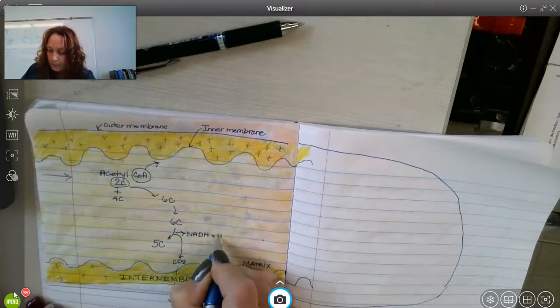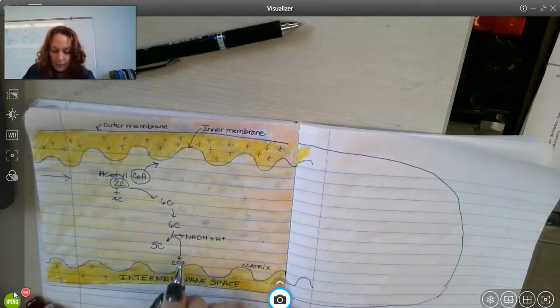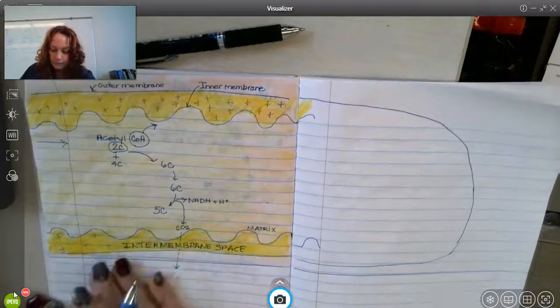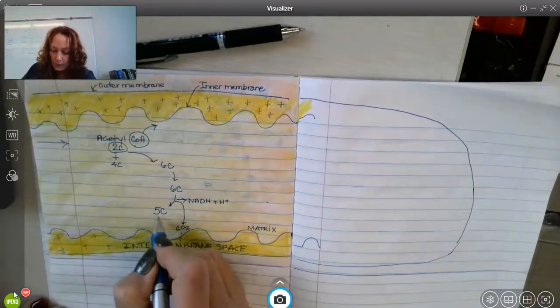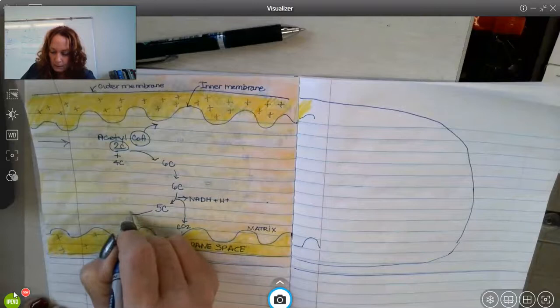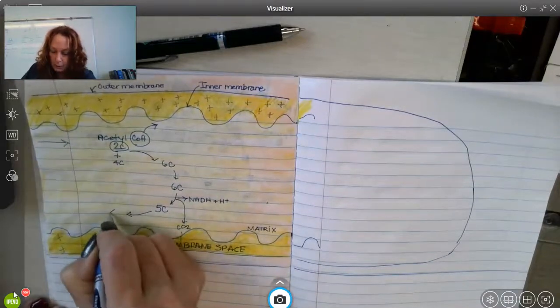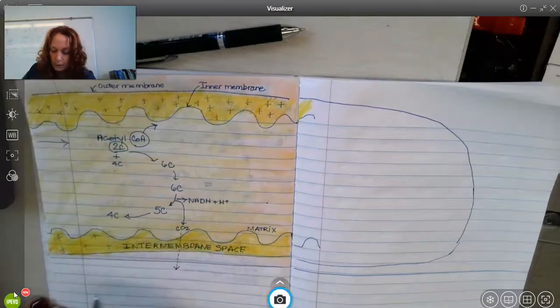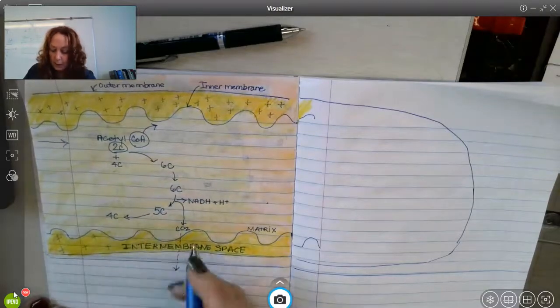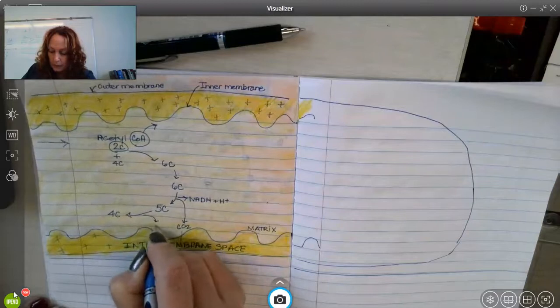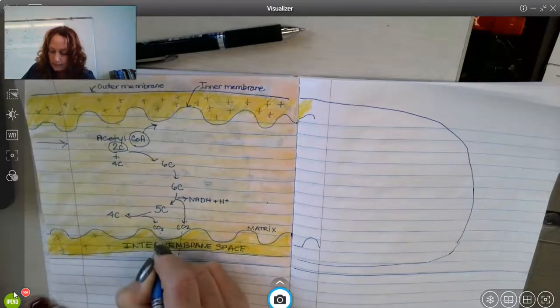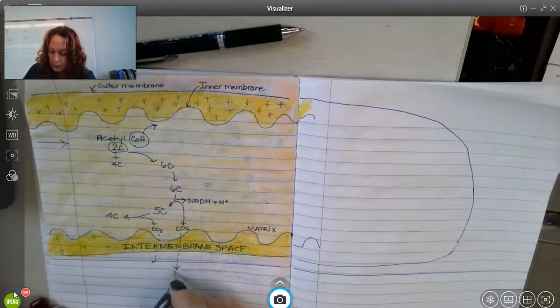There'll be hydrogen ion formed there. Then this 5-carbon is going to be metabolized, oxidized into a 4-carbon molecule. So again, I'm going to lose the carbon dioxide. Just diffuses on out.